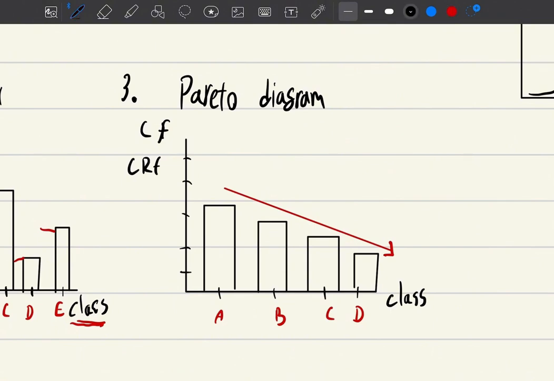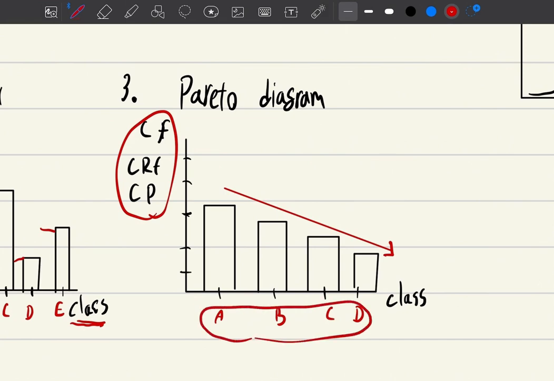Everything is going to be similar to a bar chart. It's going to represent class frequency, class relative frequency, and class percentage. The height is going to represent any of these three, and the horizontal line is going to represent the class.